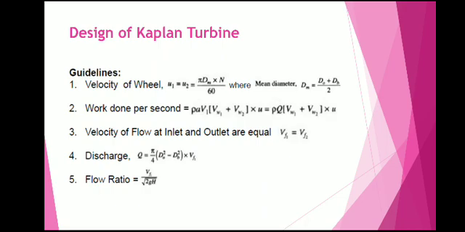And the flow velocities at inlet and outlet are equal, Vf1 equal to Vf2. And discharge Q equal to pi by 4 (D naught square minus Db square) into Vf1. Flow ratio is Vf1 divided by root of 2gH.